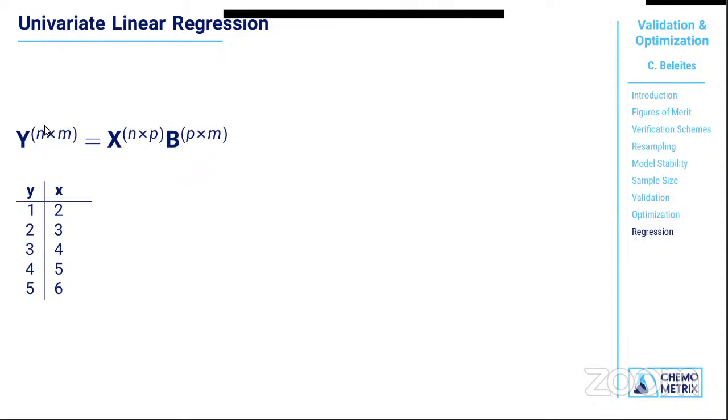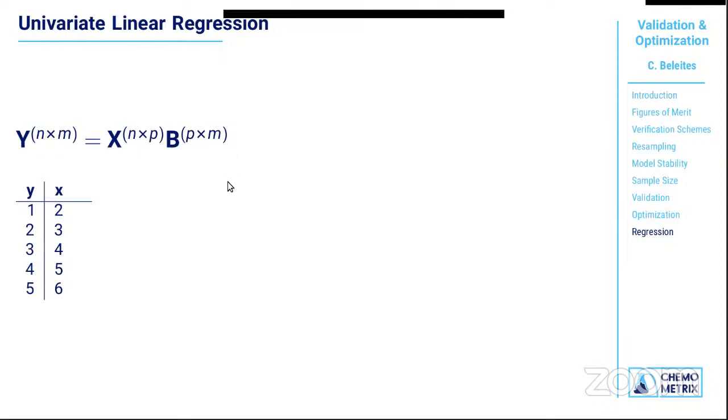We would say here that n is the number of cases we have, m is the number of columns in our y, that's the number of independent things we want to predict for each of our cases. And then our measurement is possibly multivariate with p variates or features. And then the coefficients have to be of this shape and size.